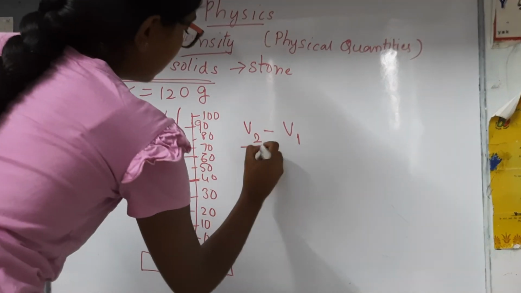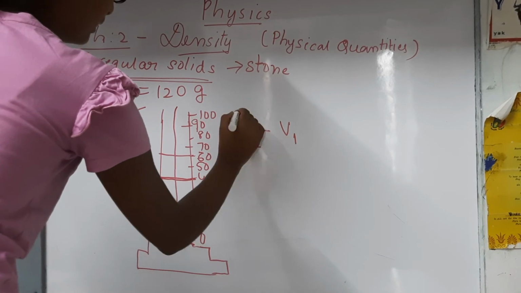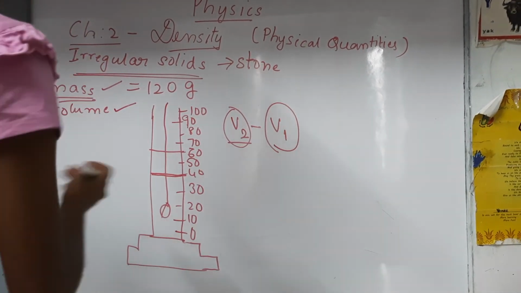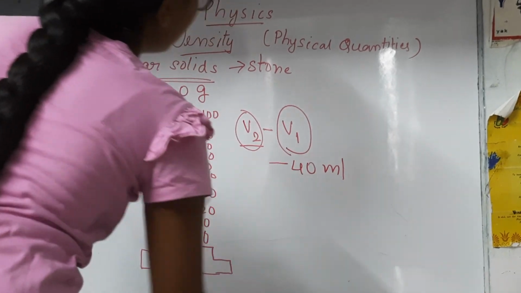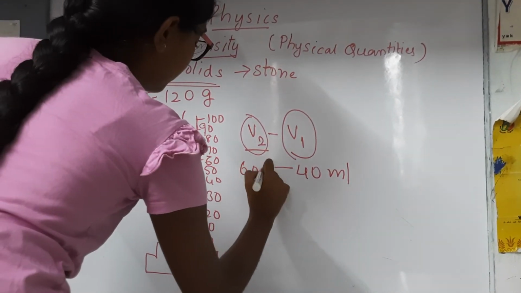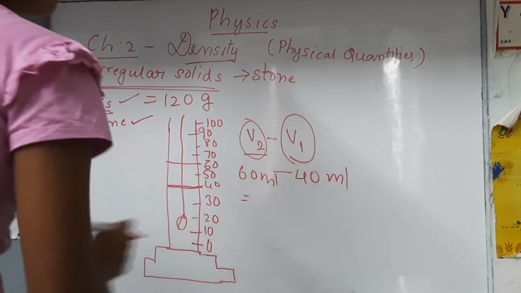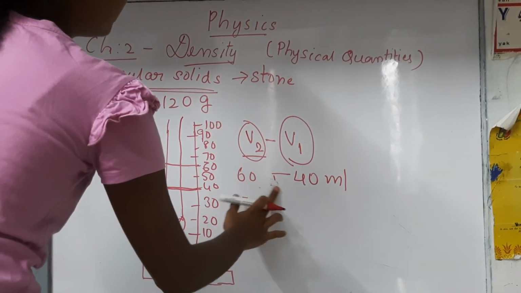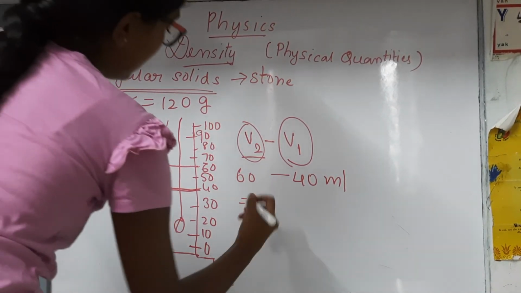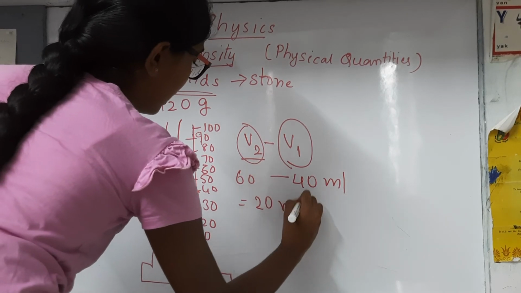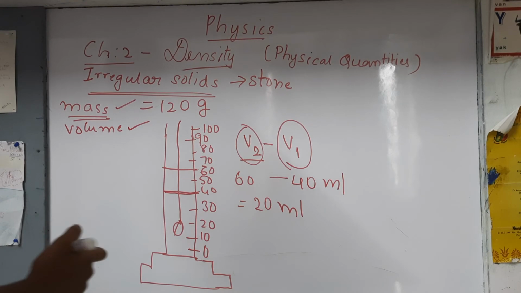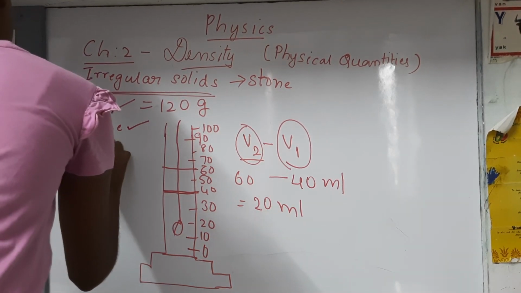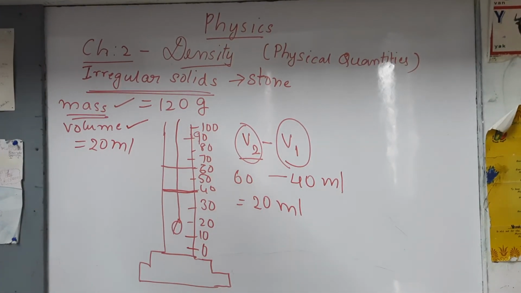The initial value is 40 ml and the final value is 60 ml. So 60 ml minus 40 ml gives 20 ml. My volume of the stone is 20 ml.